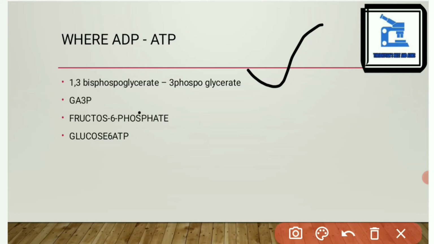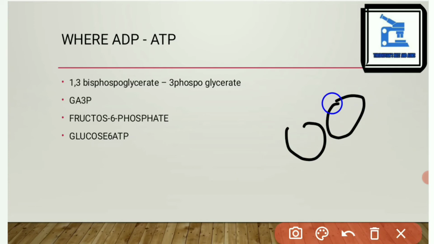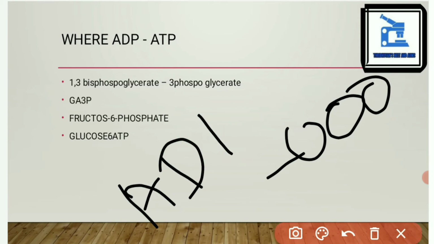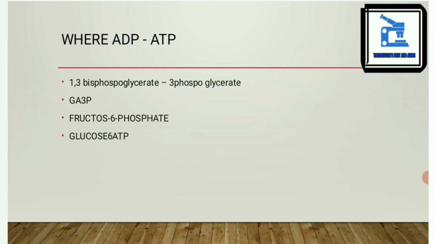Because phosphoglycerate has 3 carbon atoms, and here the first carbon has 1 phosphate group and the third carbon has 1 phosphate group. 3-phosphoglycerate means on the third carbon there is a phosphate group, but here is only 1 phosphate. Because of that, ADP to ATP.